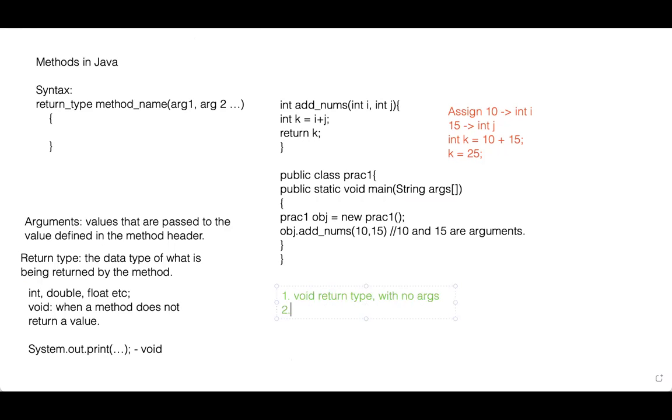The second one is a valid return type with arguments. The third one is void return type with arguments.